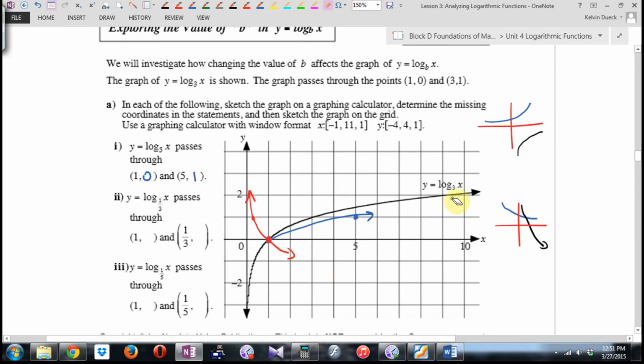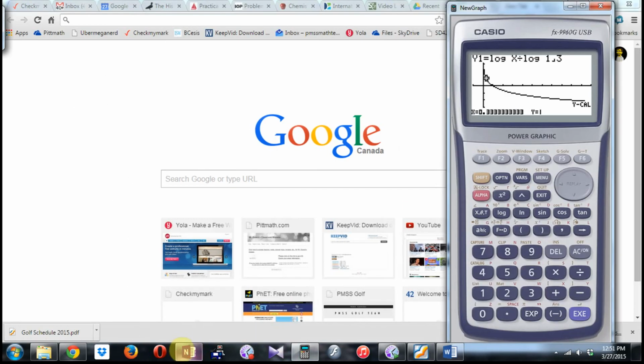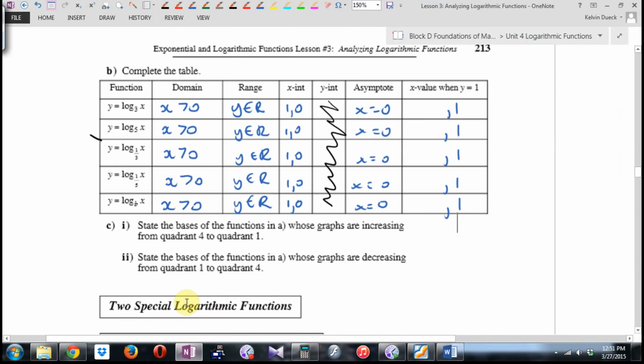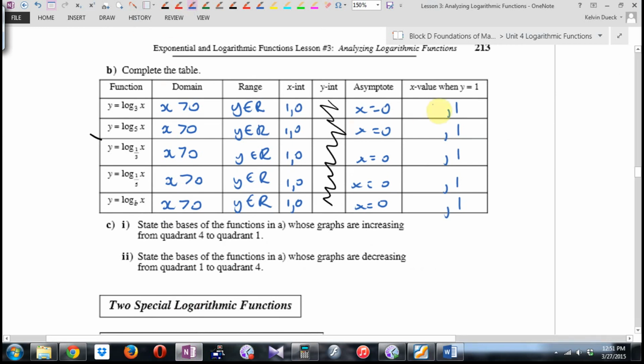For base 3, which is this graph here, it's 3 comma 1. What do you think for base 1/3? 1/3 comma 1? 1/5 comma 1. Generalize it. For base B, it's going to be B comma 1. I can't call that an intercept, but that's a point.